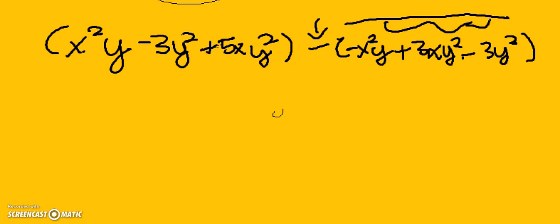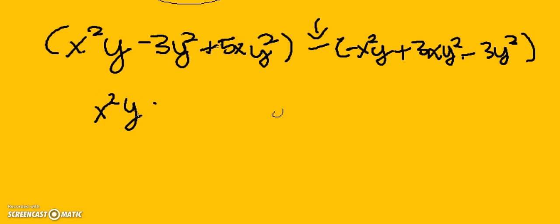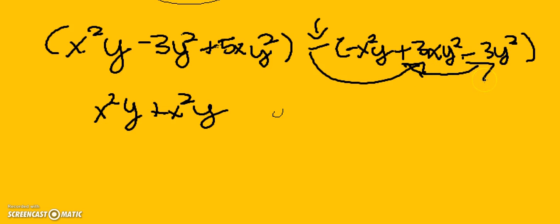So the way we're going to do this, let's start with the first 2 terms. It's going to be x squared y minus x squared y, and minus is equal to a positive, so you're technically going to have x squared y plus x squared y. Then you're going to have negative 3y squared, and remember it should go to this term, because you can't add terms that aren't alike.